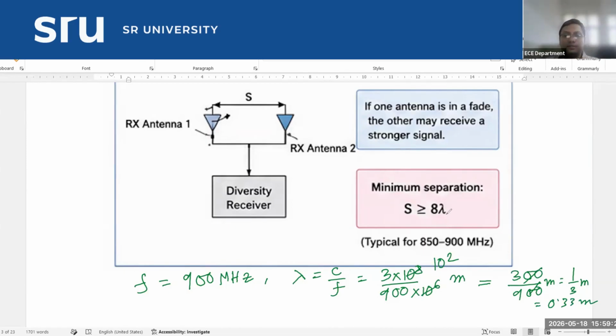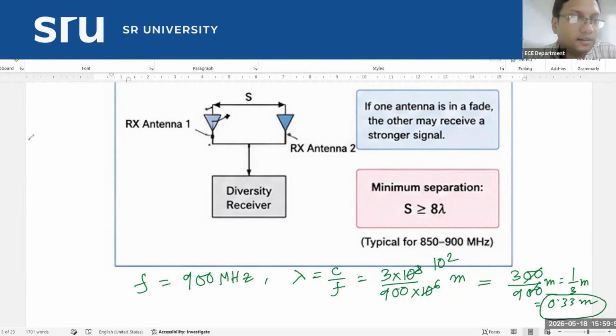So for a diversity reception, to minimize the probability of getting a faded signal, I need to keep the two antenna elements at least at a distance of 0.33 meter.